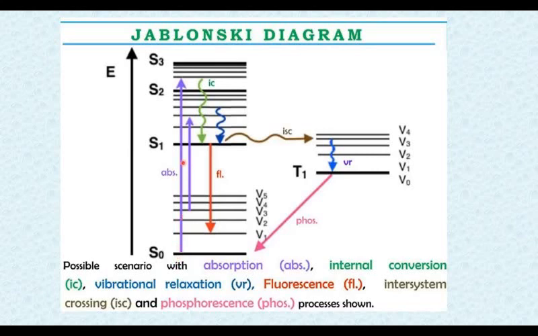This purple arrow shows the absorption from the ground state electronic energy level to the excited state energy level. These are singlet. Then there are different possibilities. One possibility is internal conversion.